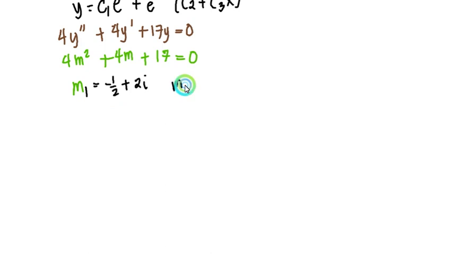Kag m2 is negative 1 half minus 2i. So this is again case number 3 kay mara kita conjugate nga complex numbers.